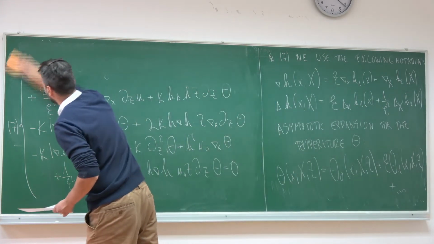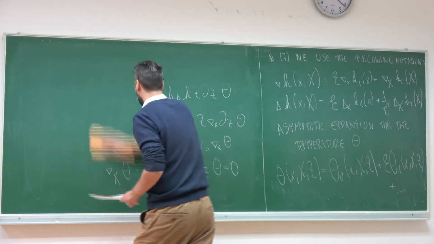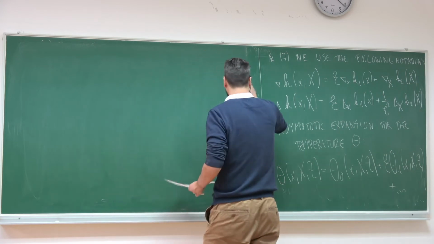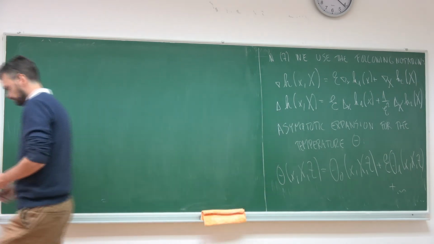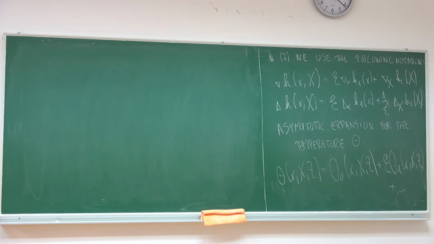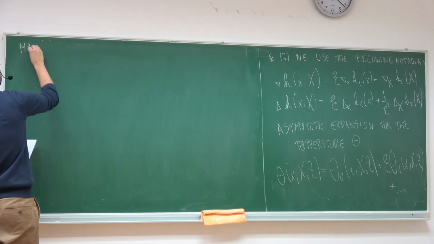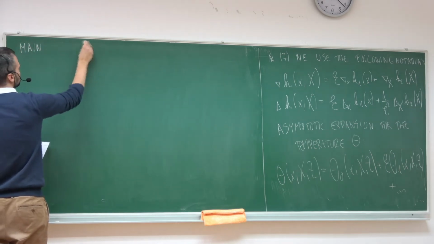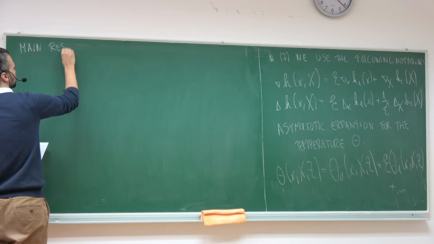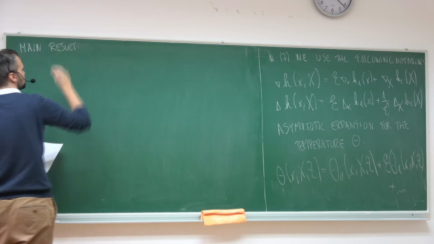So again, you plug this into the rescaled system of equations. And what do you obtain? So the main result, you have to do a bit of computation. It's written in the paper. I will not go through it.